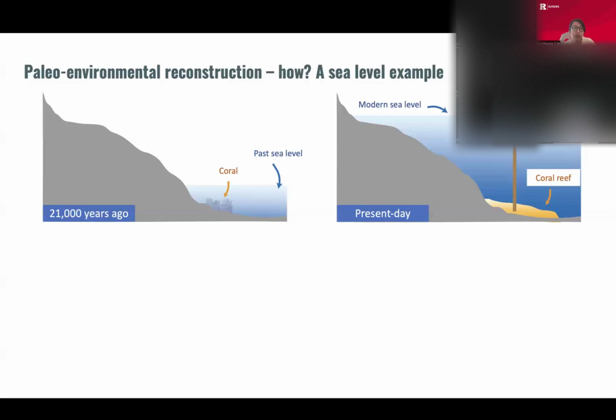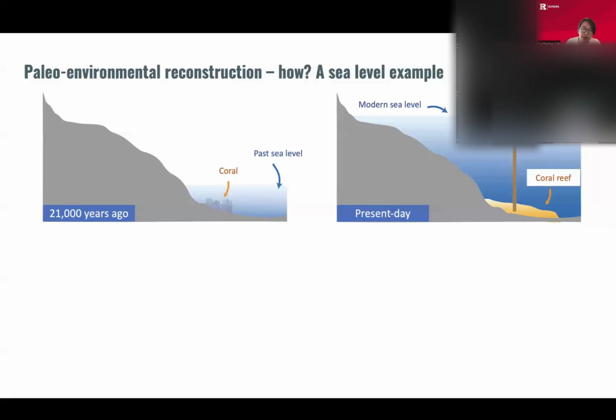So here is a typical example of how you reconstruct sea level in the past. The figure on the left-hand side is a cartoon showing sea level at 21,000 years ago, which is what we call the last glacial maximum, when global sea level was much lower than present day.